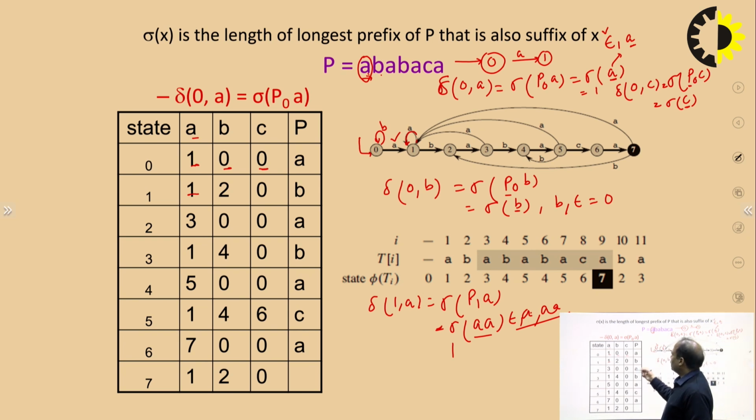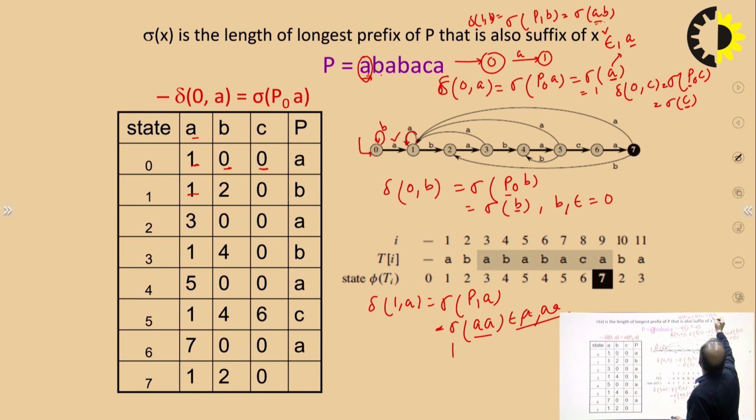Now 1B. Delta 1B. If you compute delta 1B, what is it? Delta 1B is of course sigma P1B. P1 is A, means that sigma AB.